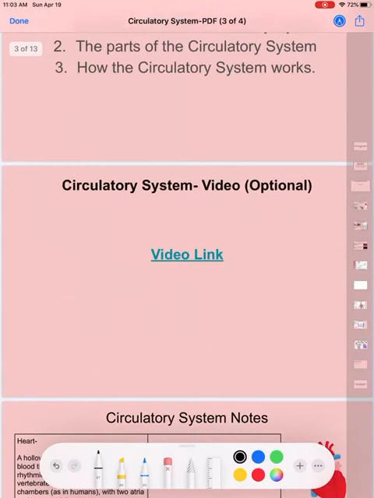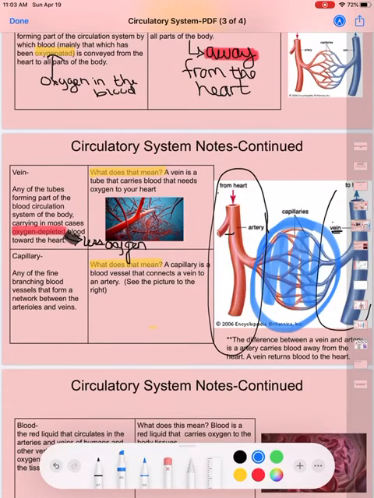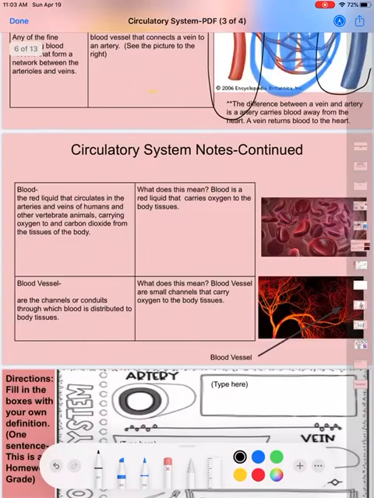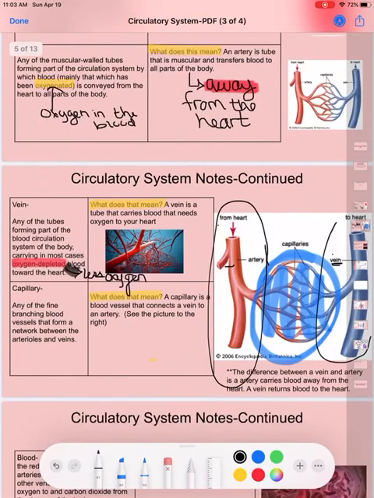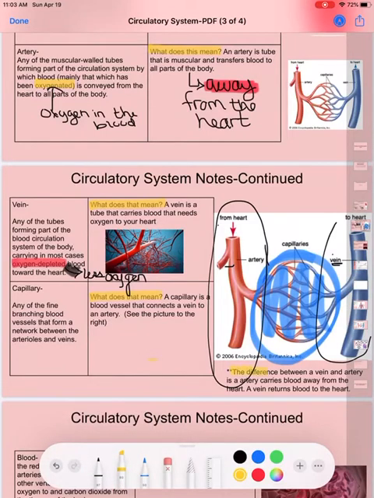Our vein is over here. So our capillaries are what connect the arteries and the veins. And if you look down here, the difference between a vein and an artery is that an artery carries the blood away from the heart, like I mentioned before, and a vein returns blood to the heart.